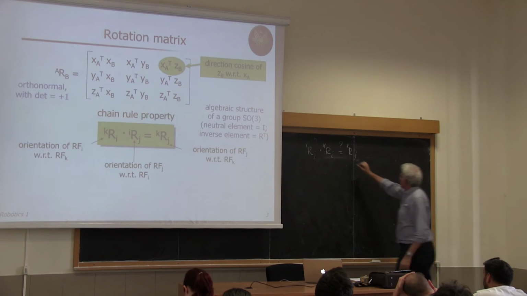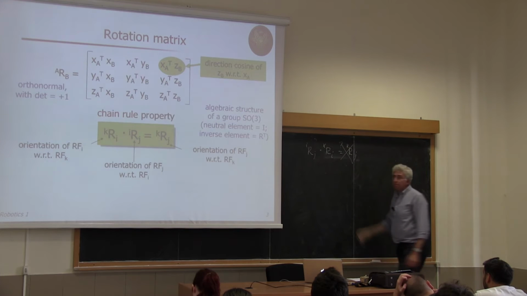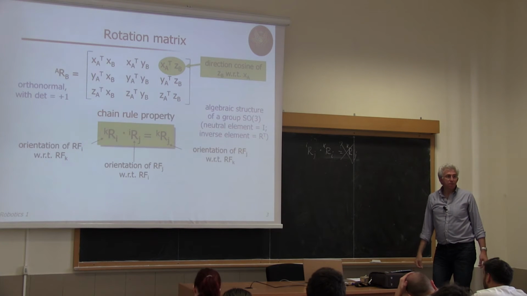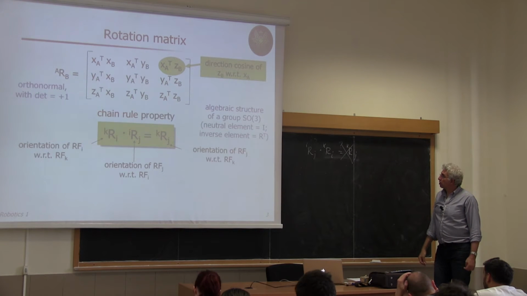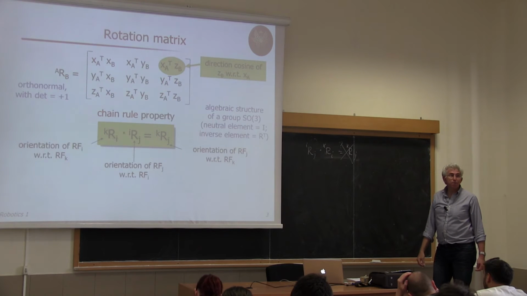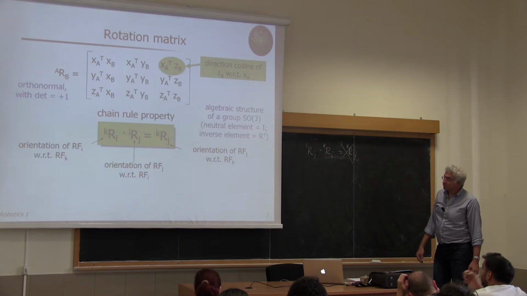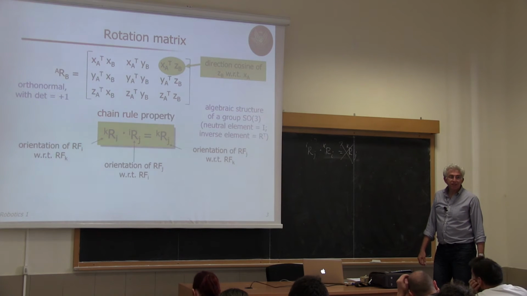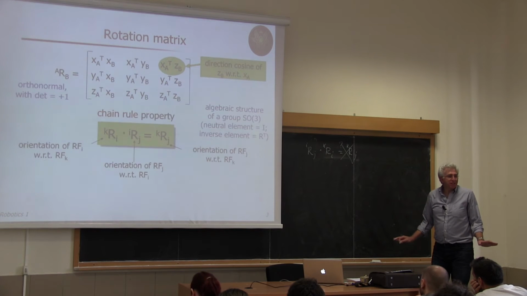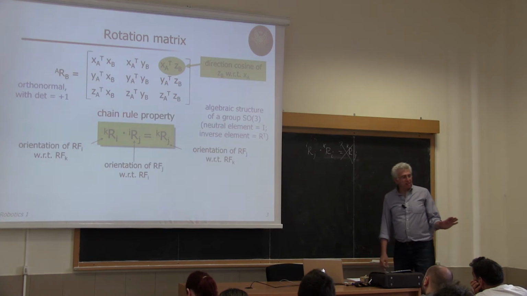So this is not Rkj. So what is it? The inverse? The identity matrix? Not really. I would say nothing. It's a rotation matrix.